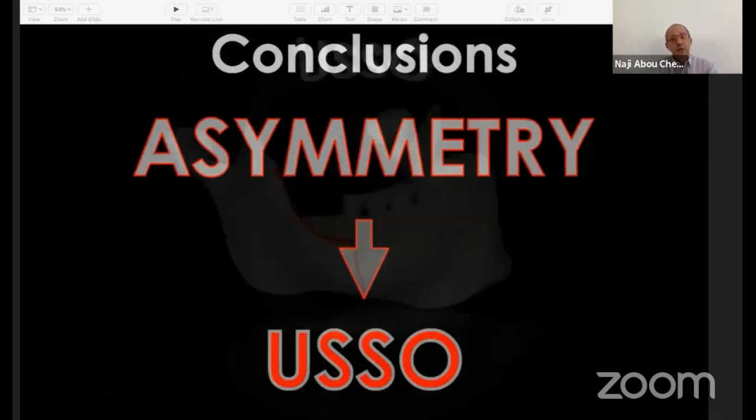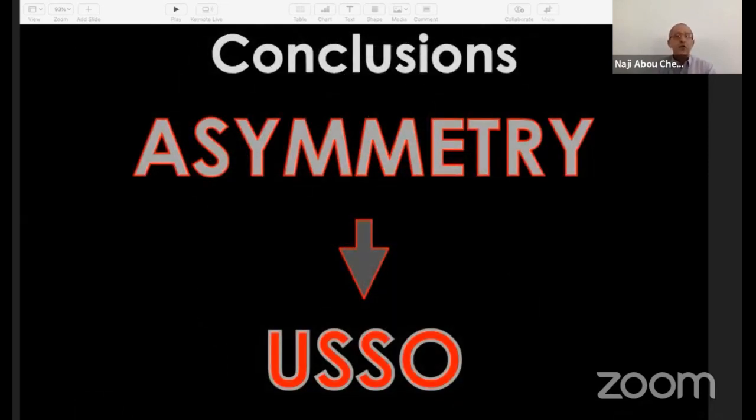For me, when a patient has asymmetry, first choice is USSO. Because as I said before, the reason why the patient has asymmetry is a problem of growth on one side. If you have a patient who has one leg bigger than the other, you will not cut both legs.